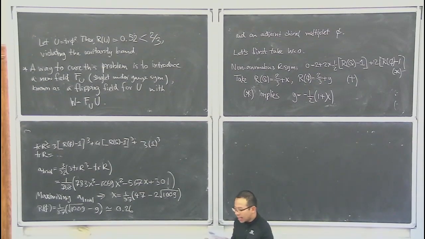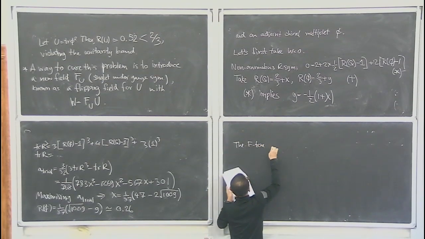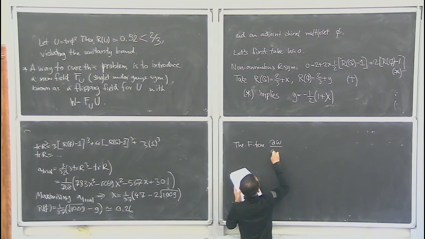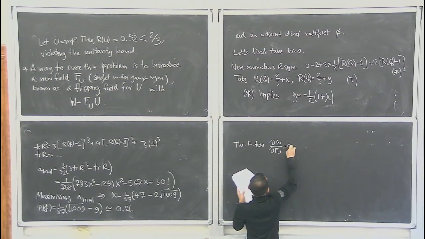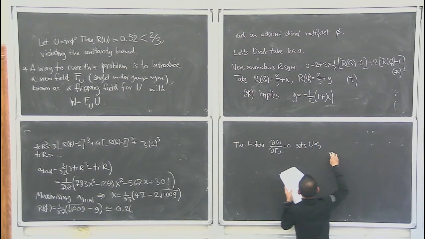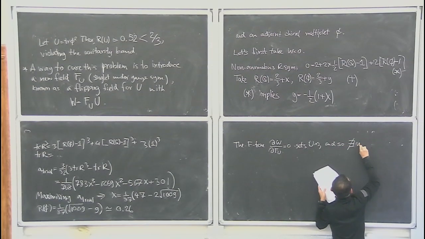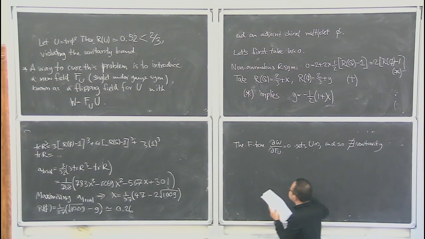So the idea is that the F-term, dW with respect to F_U equal to 0, sets U to 0, and so there is no unitarity violation.